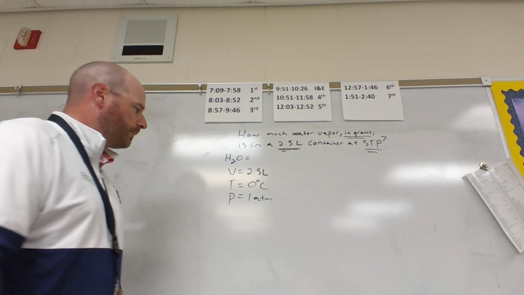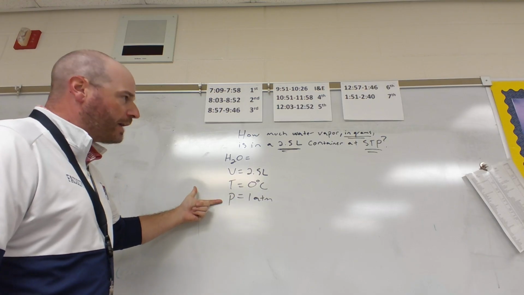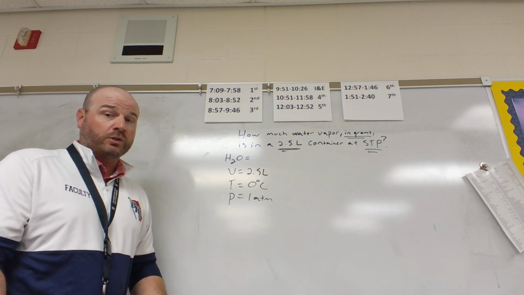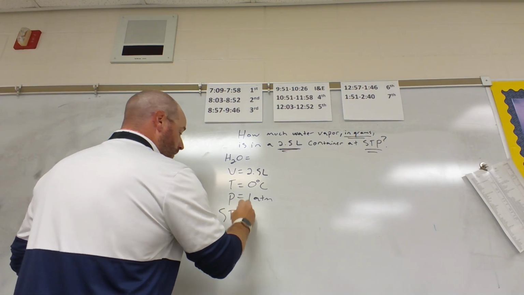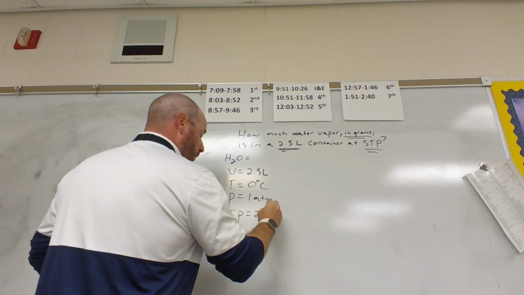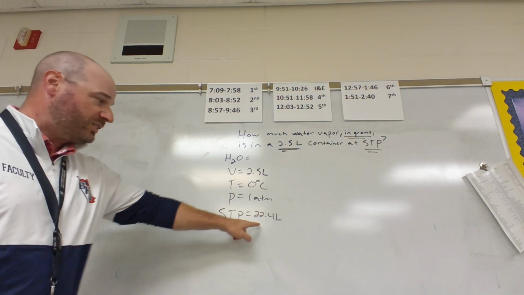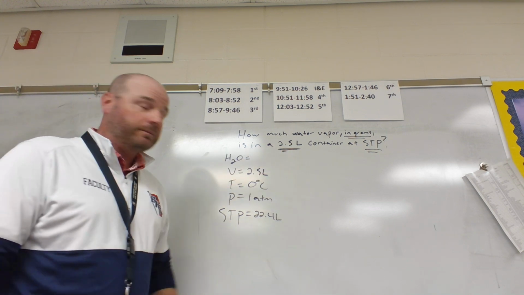So what's left? You can think, okay, well, I have my temperature and my pressure for my STP, but I also have my molar volume for my STP. Okay, so if I take that, my STP there, which is my 22.4 liters, all right, because that's the amount of space that 1 mole of a gas is going to take up at STP.